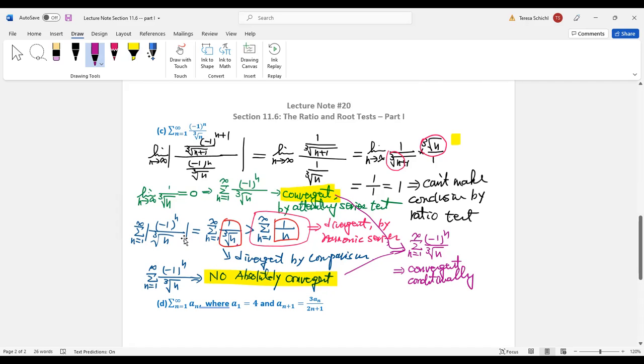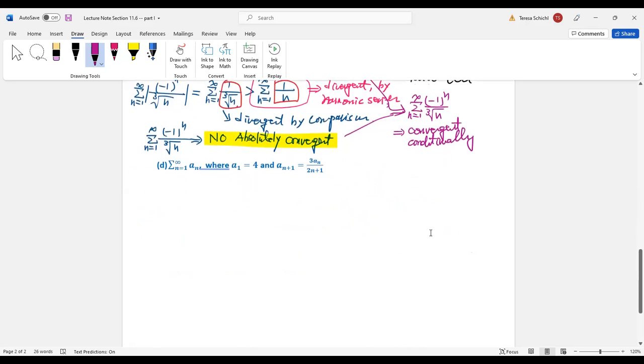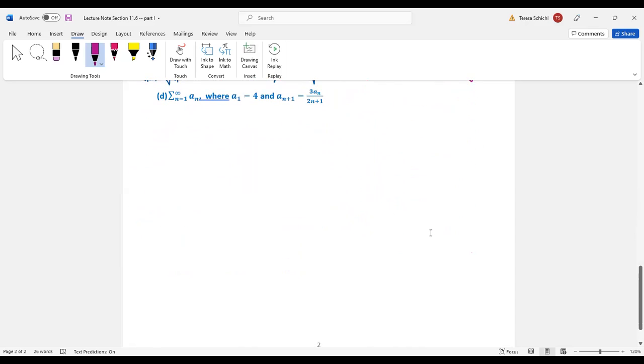So I put the absolute value, then compare to the harmonic series. I say, hey, this is divergent. Because it's divergent, we know this series is not absolutely convergent. So combining the green one and the blue one, I know this series is convergent what? Conditionally.